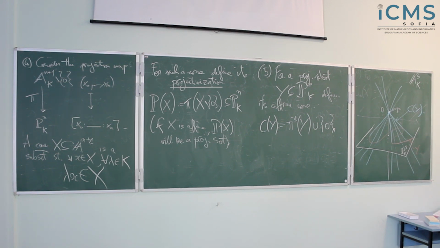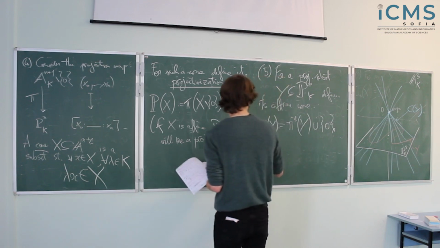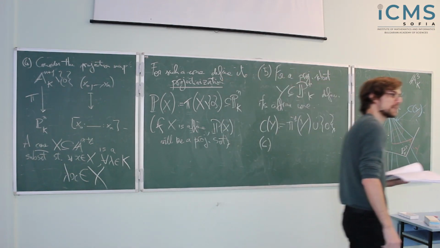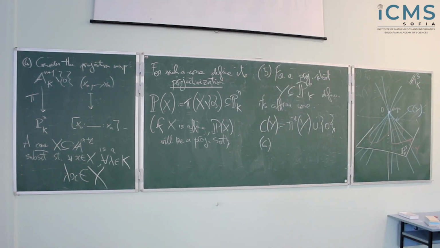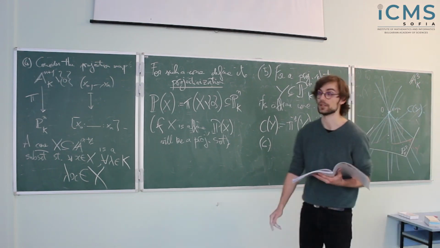So this is a pretty nice object, but there is one cone that we need to get rid of, because there is one special cone that is associated with one ideal. This is called the irrelevant ideal, and the cone in question will be the origin.